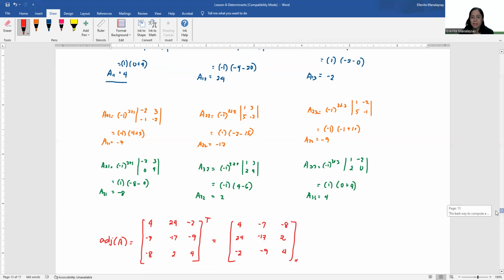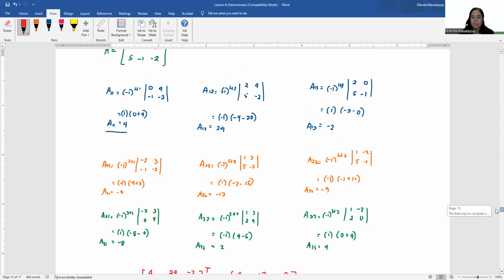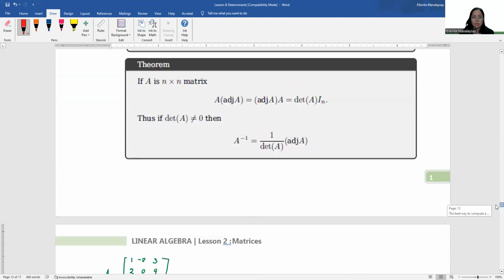Okay, so that is what we studied last meeting. Now, let us proceed with this theorem. If A is an n by n matrix, then A times the adjoint of A is equal to the adjoint of A times A, which is equal to the determinant of A times the identity. So I want you to verify this one.